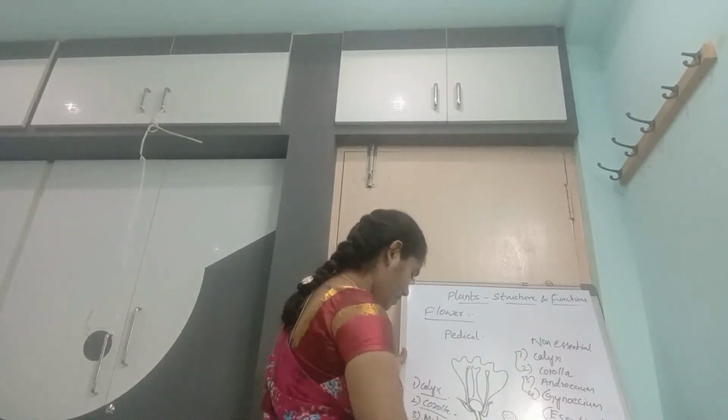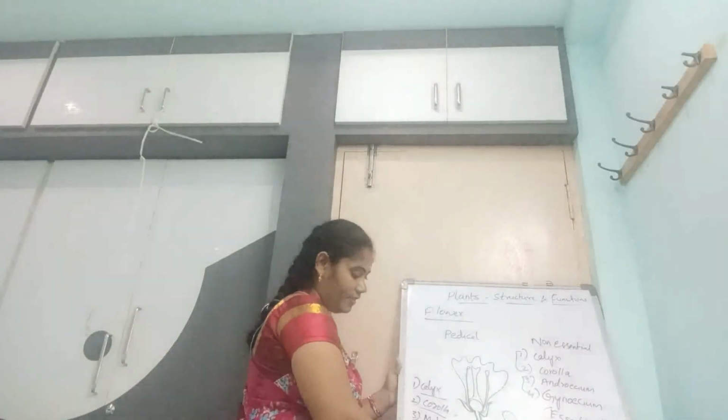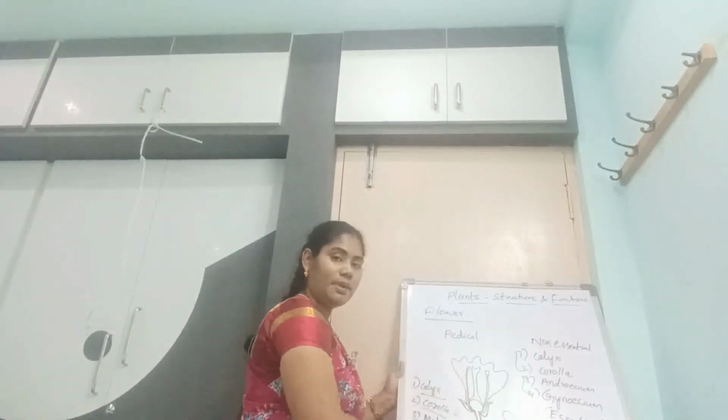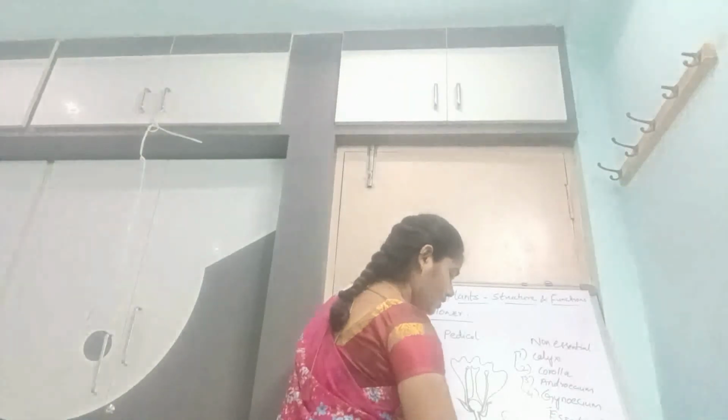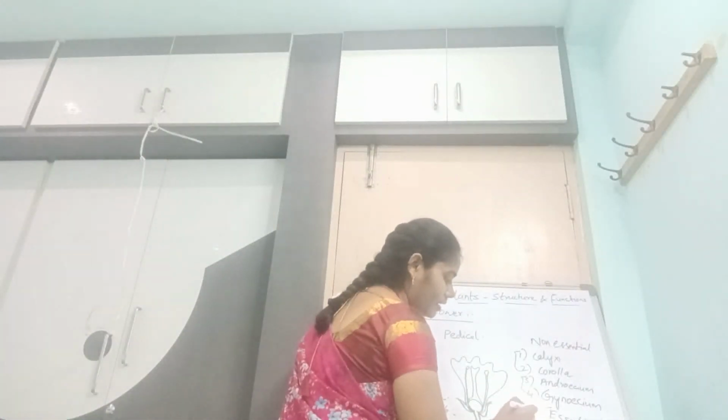Next, the fourth one, gynoecium, is the female part. It has three parts in it. One is ovary. On the ovary we have a long structure, style. At the tip there is a stigma.